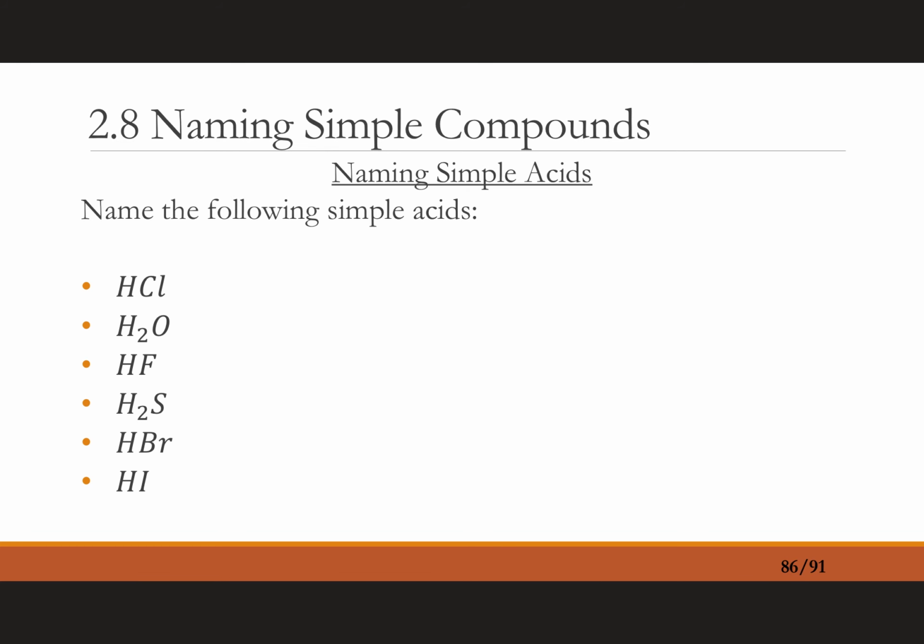Name the following simple acids. Again, we've already done HCl. I'm not doing that again. Water is H2O, but if we're treating water as an acid, this would be hydroxyic acid or hydroxic acid. If we're treating it as a simple binary compound, well, then it would actually be dihydrogen monoxide.